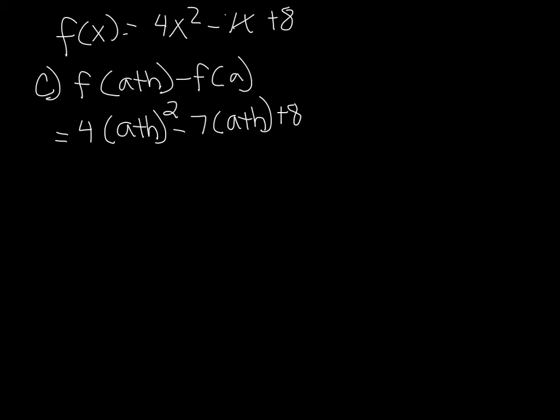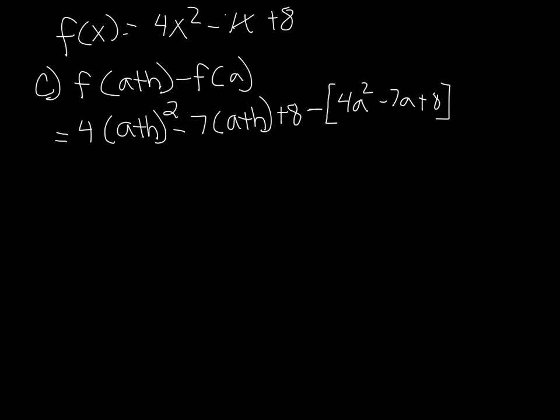And now here's the next part. This is going to be your minus f of a. So what I do is I put that subtraction sign in there, and then I'm going to go ahead and put this in brackets because I don't want to forget my signs later. And if I try to distribute them too soon, it's easy for me to make a mistake. So this is the way I like to do it. So we have 4a squared minus 7a plus 8.